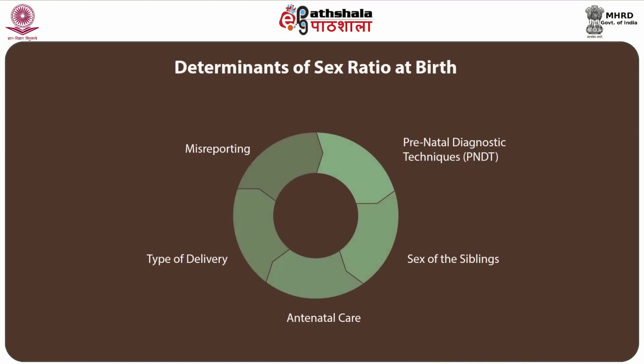Similarly, the type of delivery, or institutional delivery, also determines to some extent the sex ratio at birth. The higher survival chances of all children, irrespective of sex, also lead to a sex ratio at birth perhaps slightly higher than what would have been expected normally.